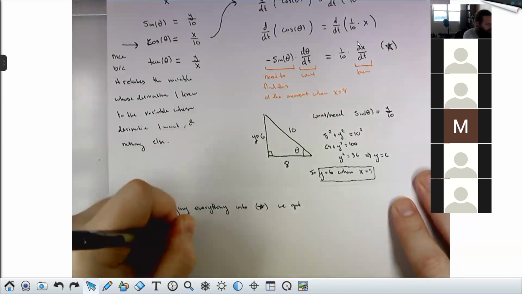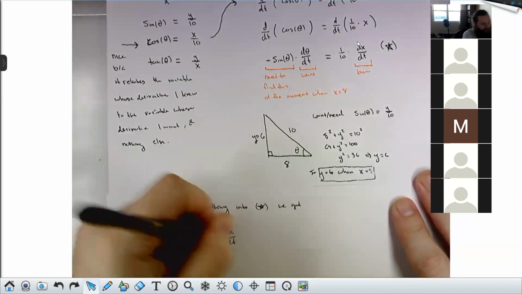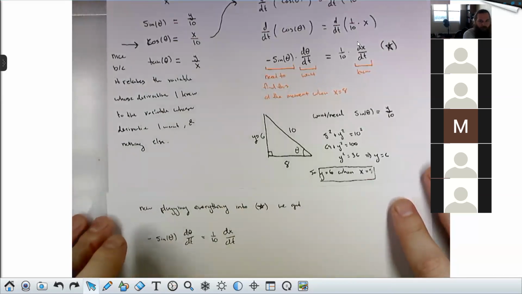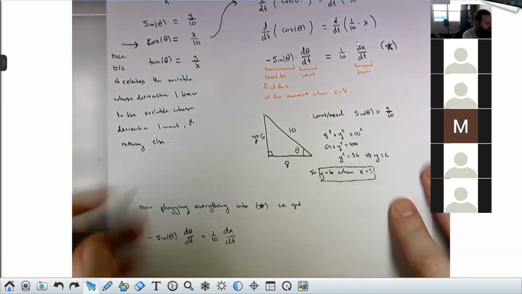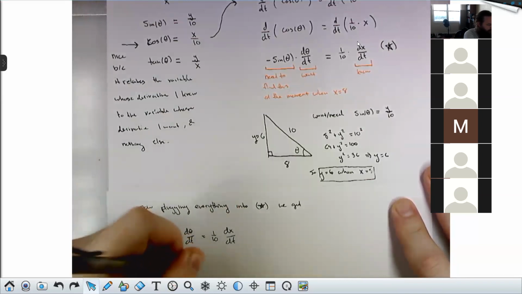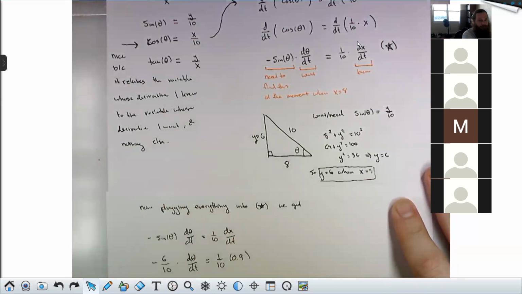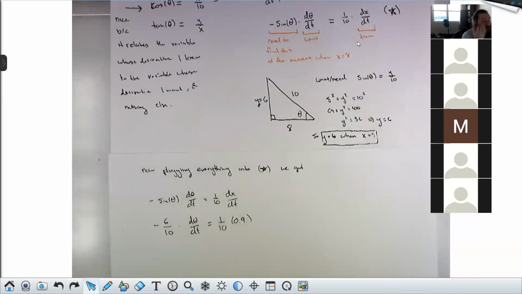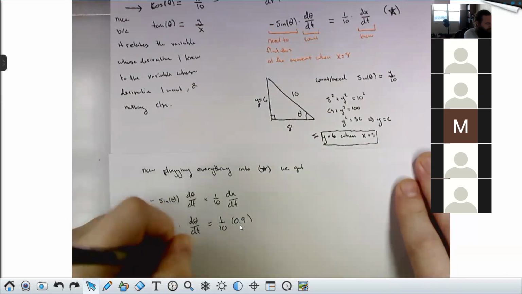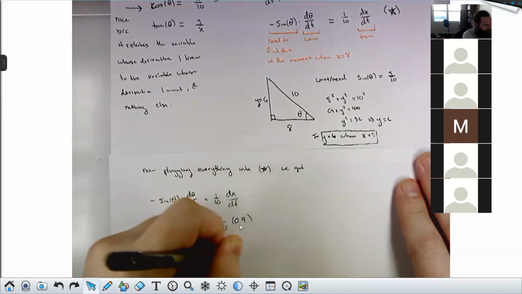Negative sine θ dθ/dt equals 1/10 dx/dt. If I'm going to plug all the good stuff in here, negative sine θ is negative 6 over 10. Don't worry about simplifying, we'll get there. dθ/dt is the thing I'm trying to solve for. 1/10 is just 1/10, and dx/dt is 0.9. I like to rewrite everything as fractions. 0.9 is 9 over 10. So this is negative 6/10 dθ/dt equals 1/10 times 9/10.